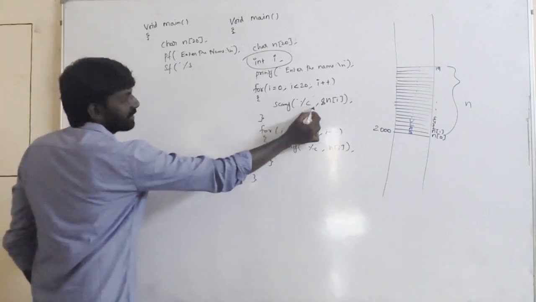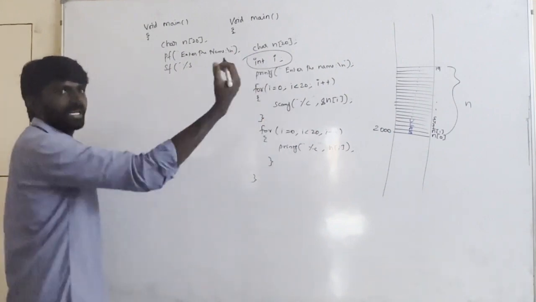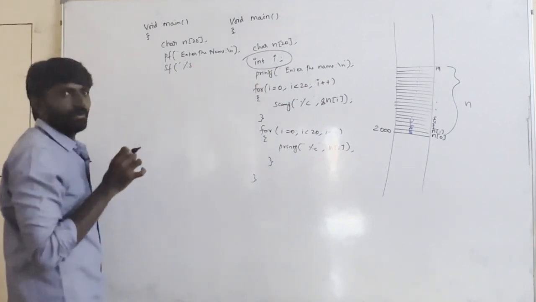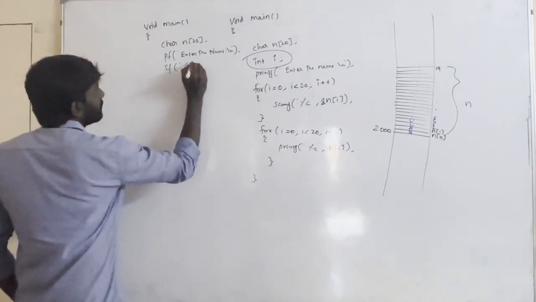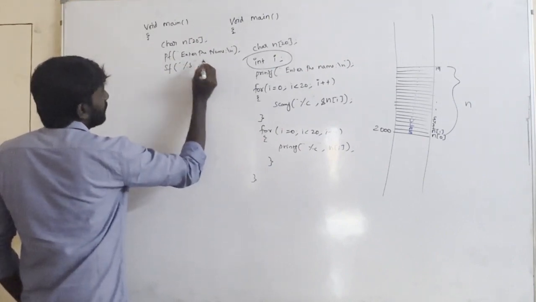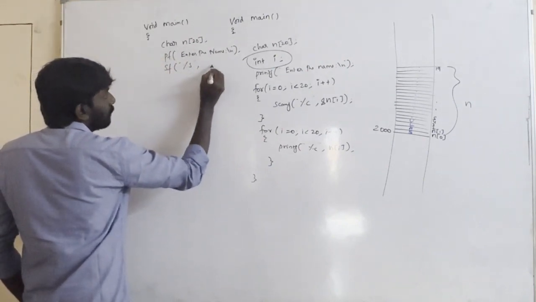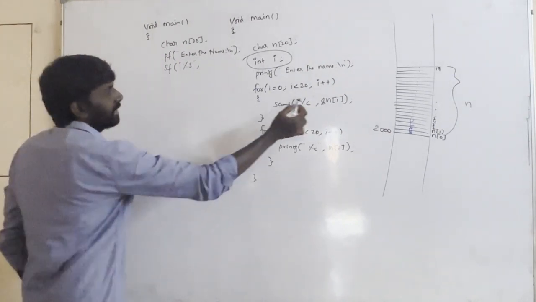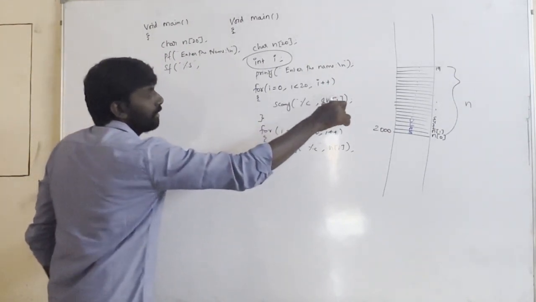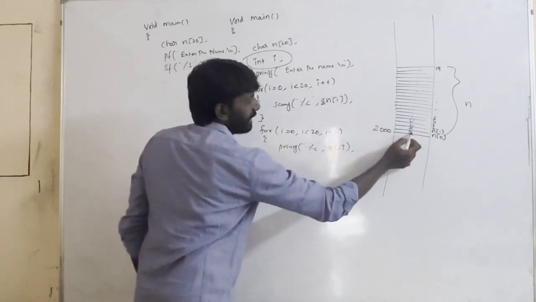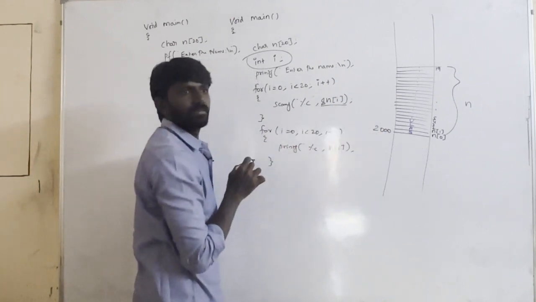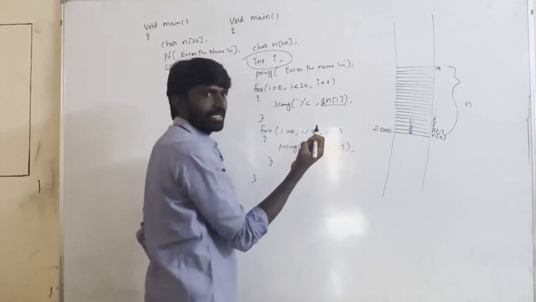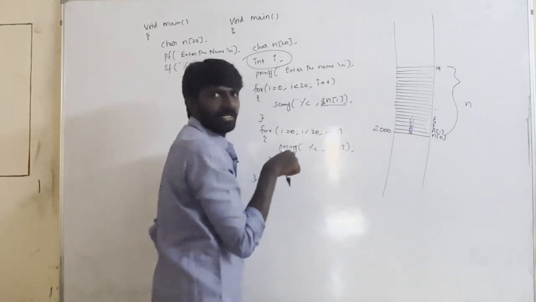When you are using %c, you need to give character by character, but when you are using %s, you can give the complete name altogether. So with %s, you have to give the base address of the array, but with %c you give the respective 1 byte memory address. Got it, right? Because you are receiving one character, you are giving the 1 byte memory.